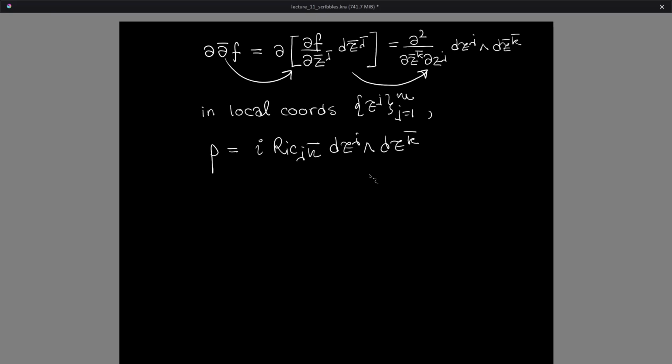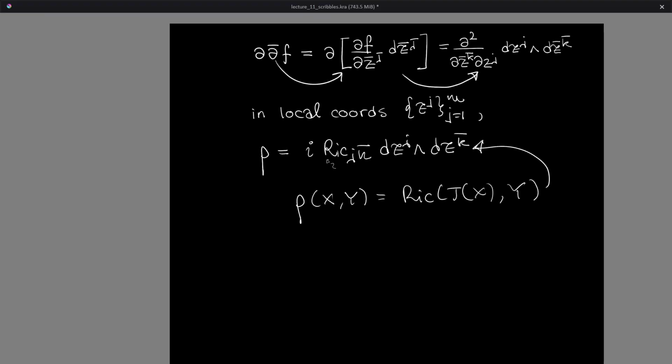I'm just expanding out its definition. Rho of xy is equal to Ricci of jk bar, and this is it in coordinate notation. And so we know what Ricci of jk bar is.